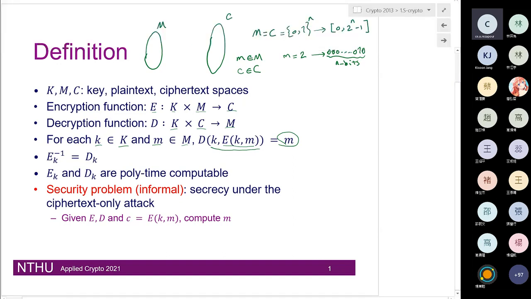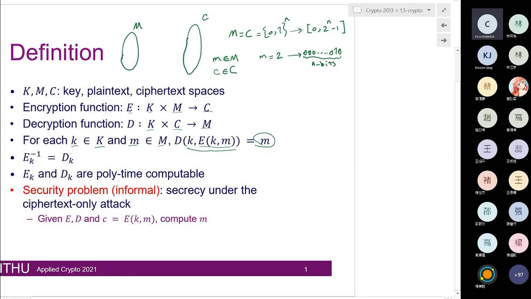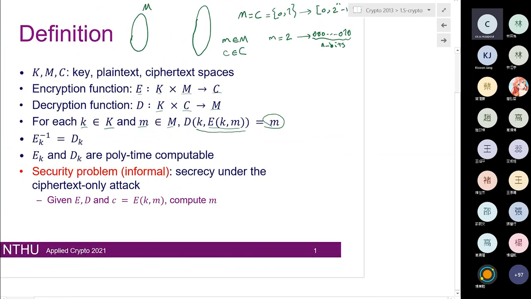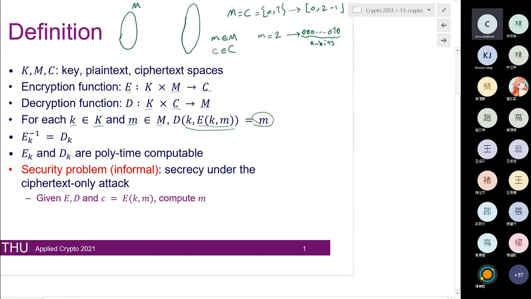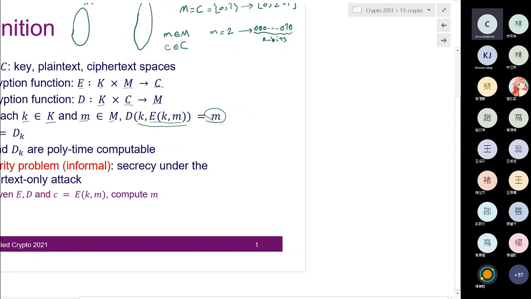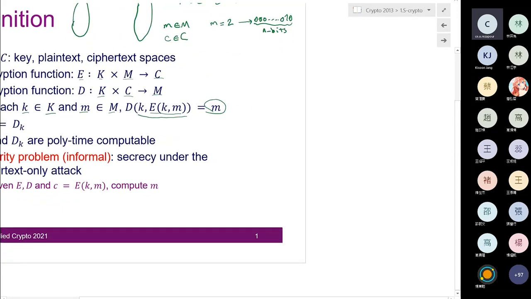From what we've observed, the encryption is the inverse of decryption, or vice versa. Decryption is the inverse of encryption. So these two functions are inverses of each other. Let's see how we can observe them in a picture, so we have a better observation. Suppose that I have different messages.